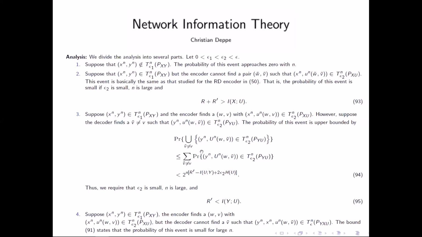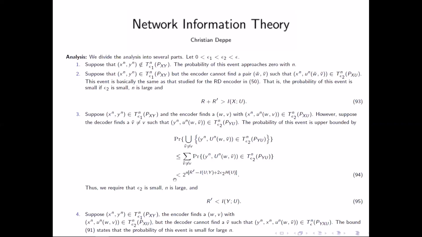And then we have a sum of always the same probabilities. So we look just at how many summands we have. And of course, we know how big one bin is. One bin has the cardinality 2 to the n R prime. So we can estimate this by 2 to the n R prime times 2 to the n times minus mutual information of U and Y plus 2 times epsilon 2 times the entropy of U.